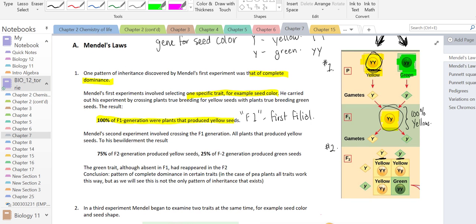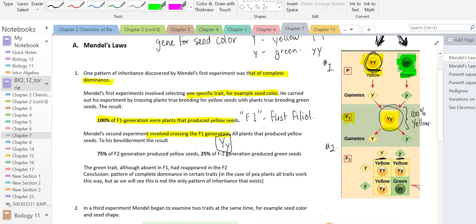And in his second experiment, this involved crossing the F1 generation. So what this meant is he took this F1, which in the case of all the offspring would have been like crossing a plant that was, again, terminology, heterozygous for seed color. So by heterozygous, this means that you have one of each allele.